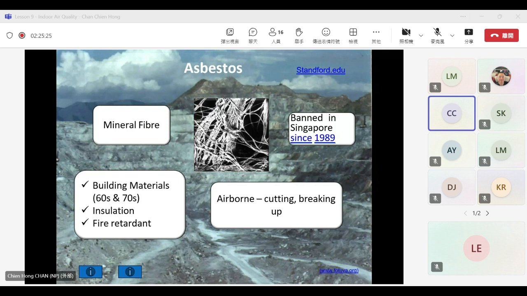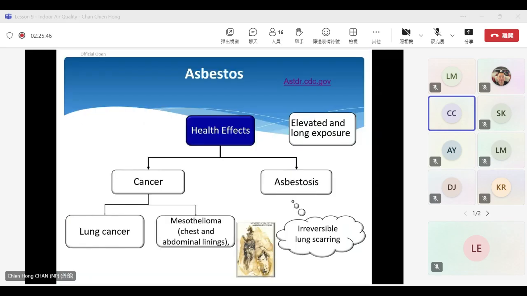But as a result, although asbestos is a good thermal insulation material, it gets torn, breaks up, and is released into the air. So that's where the trouble comes. It has been found that asbestos can even lead to cancer, typically lung cancer.